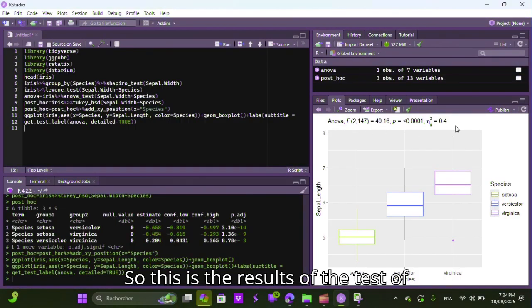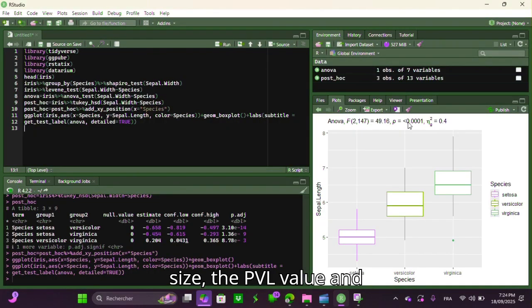So these are the results of the ANOVA test with the effect size, the p-value, and the F statistic.